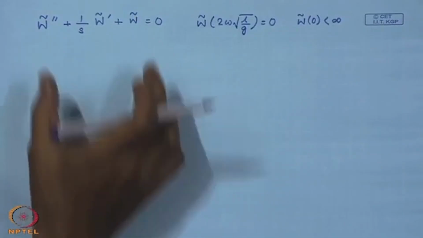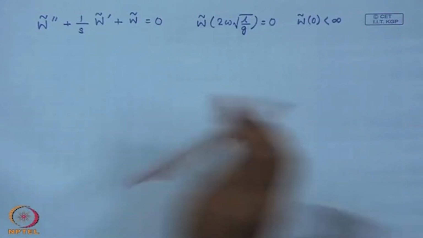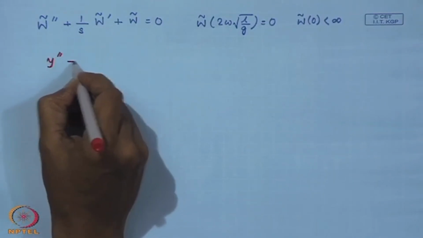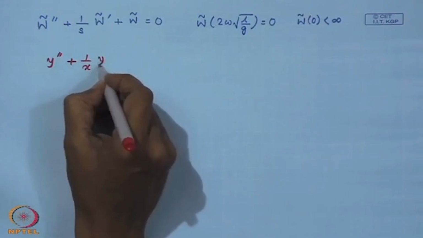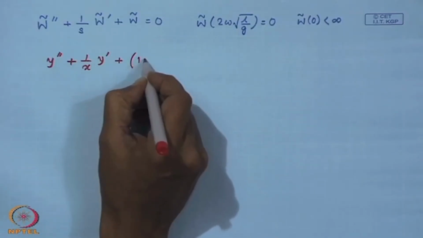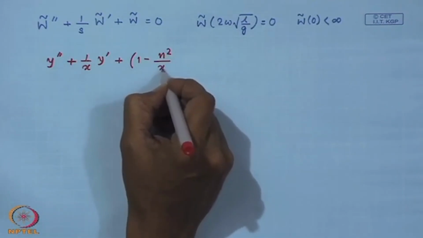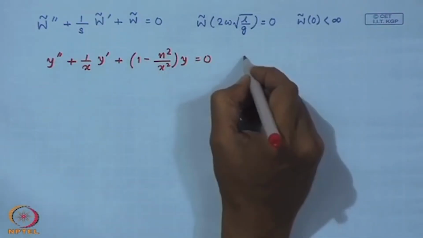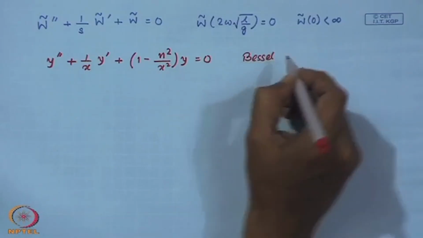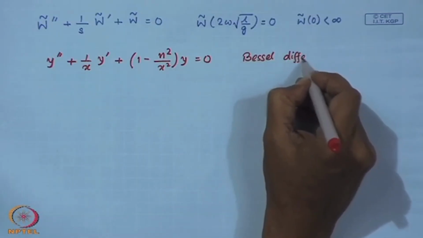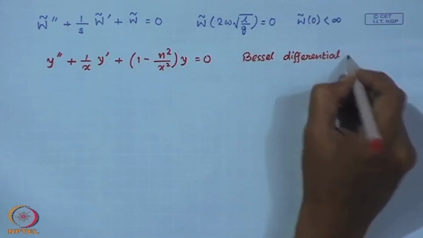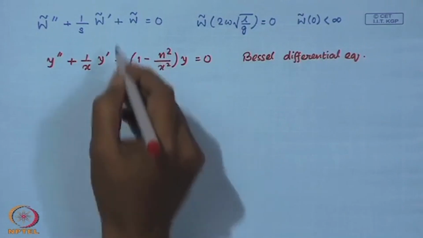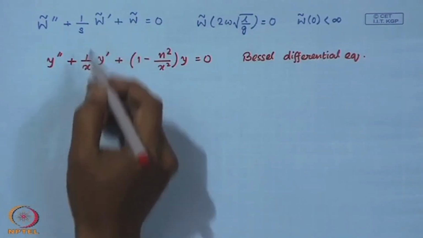Now, this is a very familiar equation, which is the Bessel differential equation. So, this equation is the Bessel differential equation, and if in this equation you put n as 0, then it reduces to this differential equation.